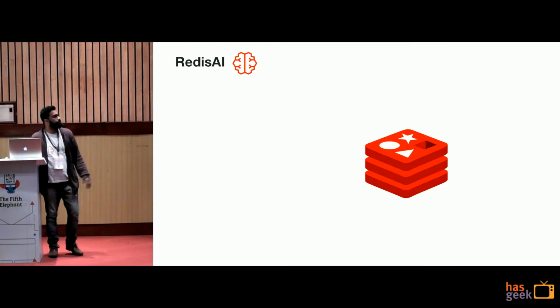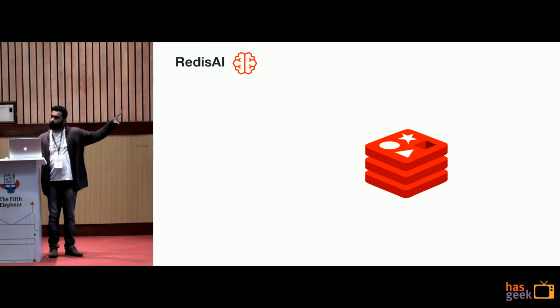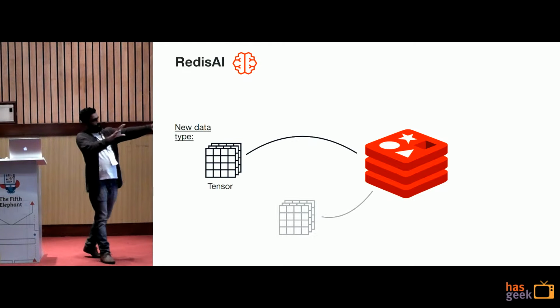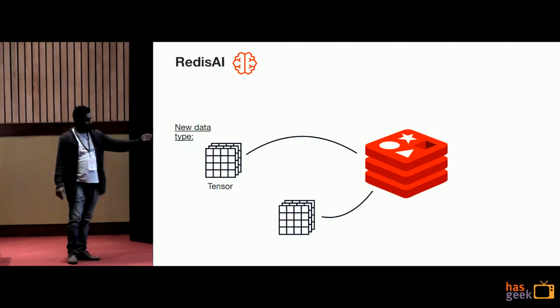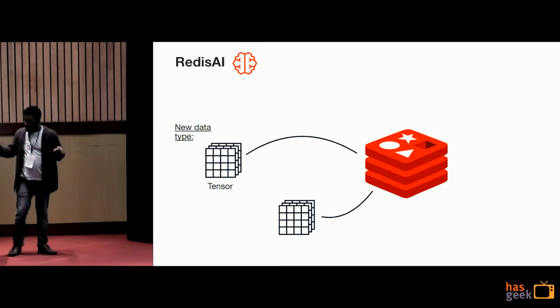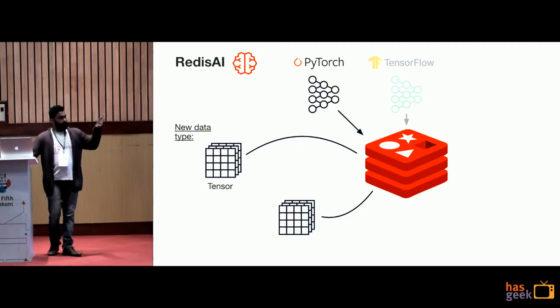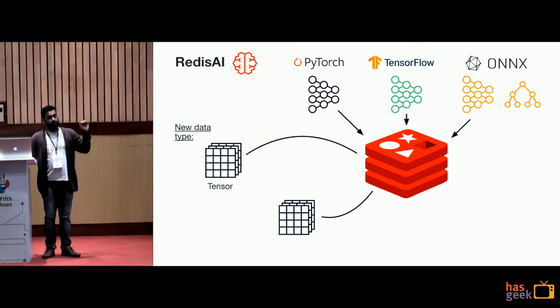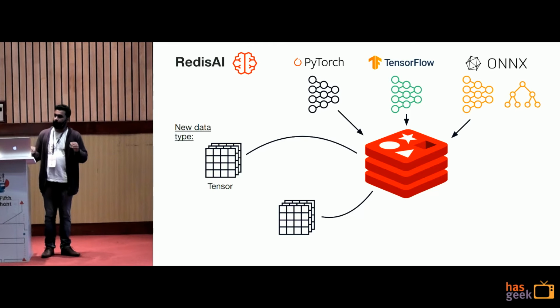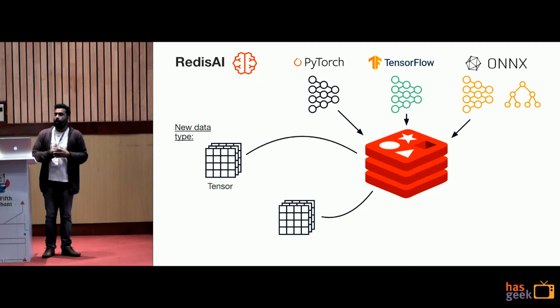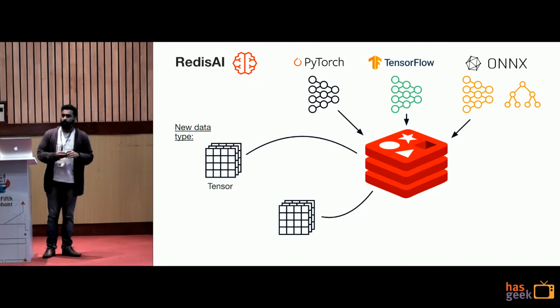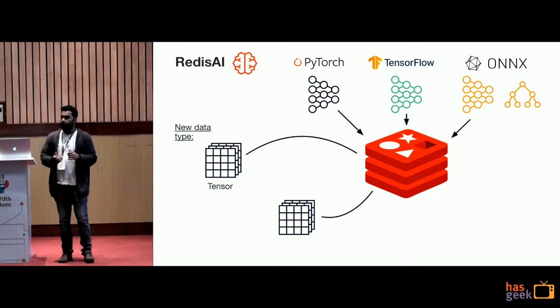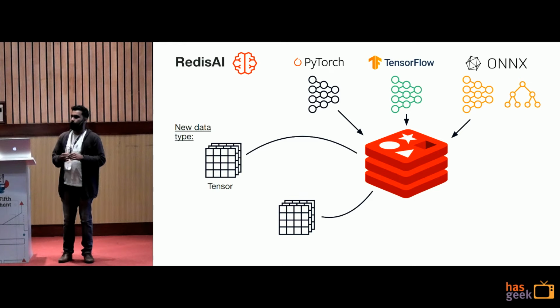So this is a pictorial representation of what is going to be in RedisAI. RedisAI has a Redis database in the middle, and we have made the tensor data types. And we have made PyTorch, TensorFlow, and ONNX as the backends of Redis for the runtime. One of the main problems you're going to have if you are a deep learning company is that you maybe get a pre-trained TensorFlow model or a PyTorch model or a model from some framework.